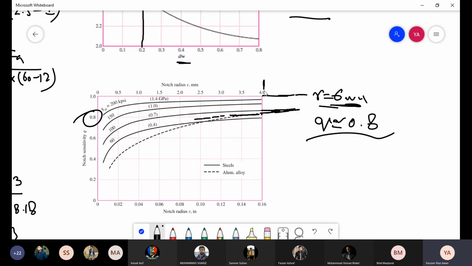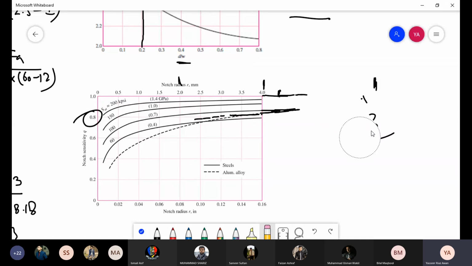So the figure is up to 4 millimeter. Okay. So our case is obviously 6 millimeters. So if you take the same scale, that would be somewhere around here. And obviously you know that you are reading the values from the figure, so you don't have to be very accurate with this. Okay?